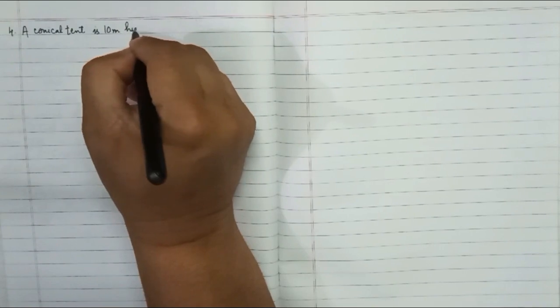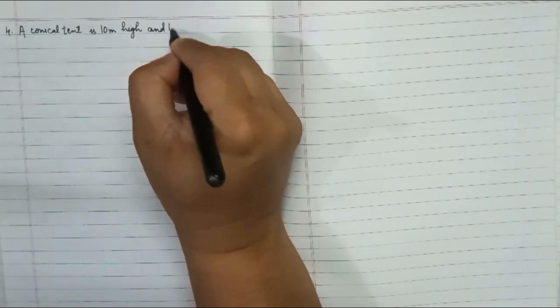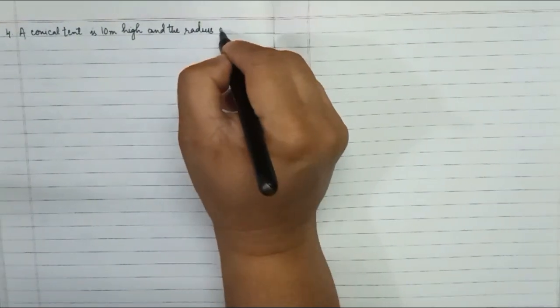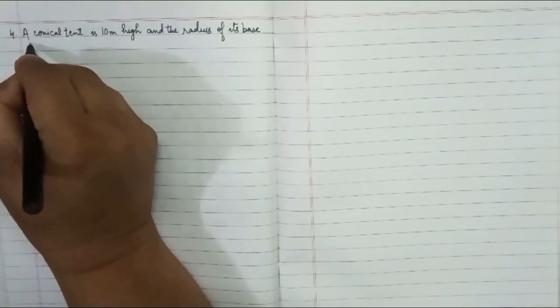Now question number 4. A conical tent is 10 meter high and the radius of its base is 24 meter.